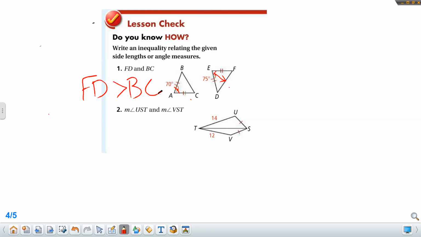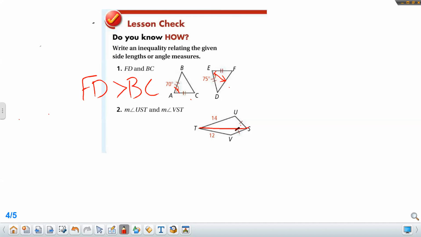First, we can see US equals VS. Second, ST is a common side. But what about the included angle? UST and VST, which of them is bigger?